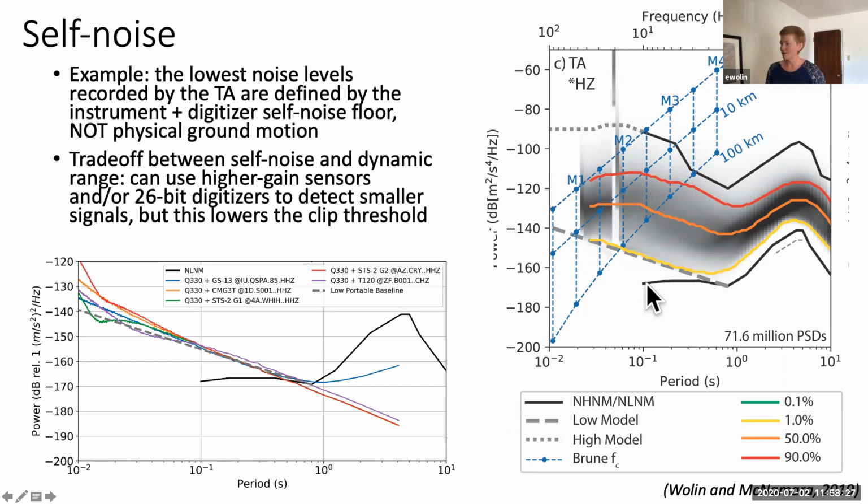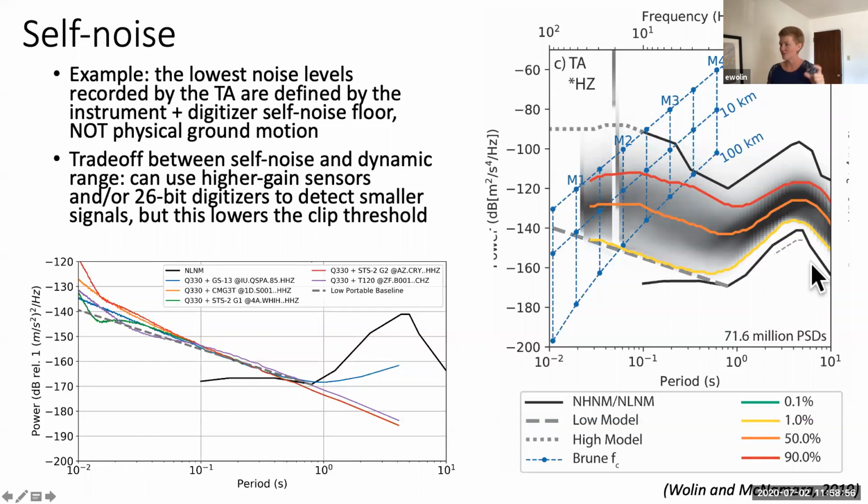So you can see that the Peterson noise model here, this black curve, is well below the TA self-noise floor, but that's because this was calculated using spectra from different instrumentation, and that had probably higher gains or higher bitrate digitizers, which are useful for global monitoring because they can pick up very, very small signals, but they will also clip on larger amplitude signals.